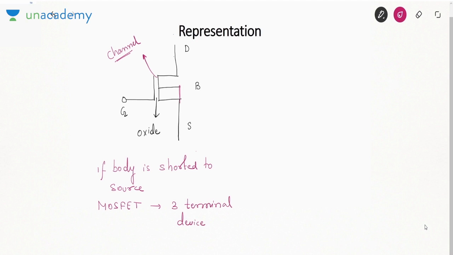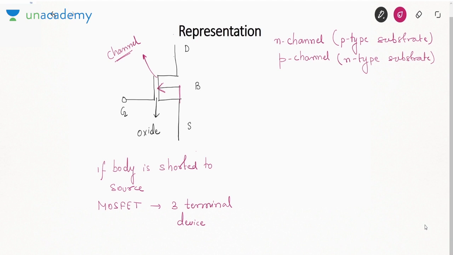Now, in order to distinguish between an N-channel MOSFET and a P-channel MOSFET: in N-channel we saw the substrate was P-type substrate. If it is a P-type substrate, current enters the P-type, so we will show this arrow. If it was a P-channel type of MOSFET, then we'll have N-type substrate.